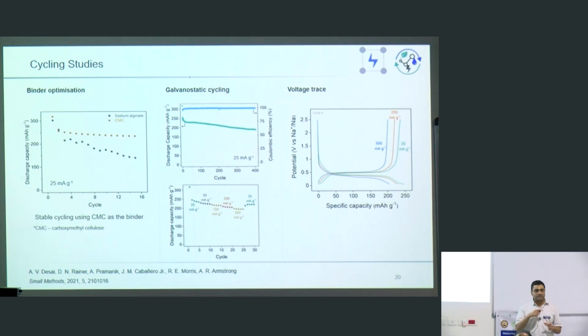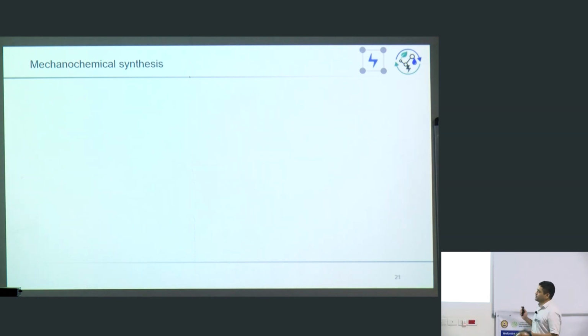If it was happening at some other site, you would start seeing extra peaks appearing in this voltage trace. The fact that you're not seeing any extra peaks over here is a good signature that this synthesis has happened in a clean manner. So this is another experiment that is a good way to prove that your synthesis is working fine, even when you put it into a battery at different current densities.